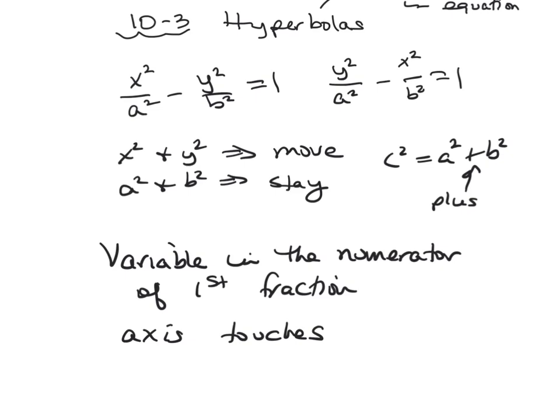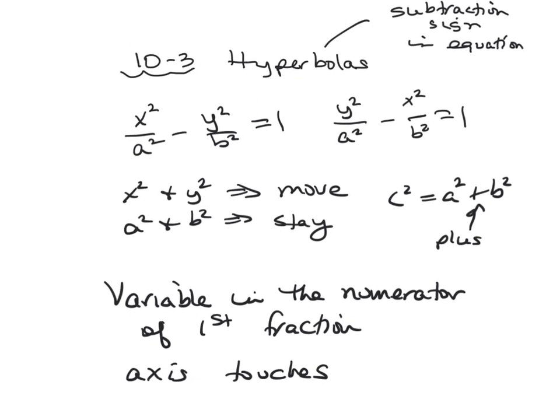We also have asymptotes. Let me go back up here. So we also had equations of asymptotes. So when the x squared is the variable you see first, the asymptote equation is y equals plus and minus b over a x.